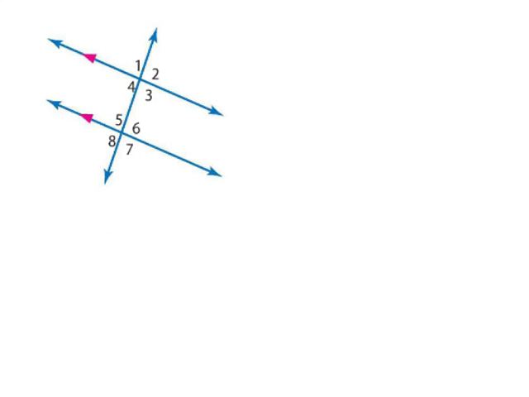So this is a transversal. We're going to talk about different types of angles and how some are congruent to each other. First, these little pink arrows tell us that these two lines are parallel. That's really important to know.